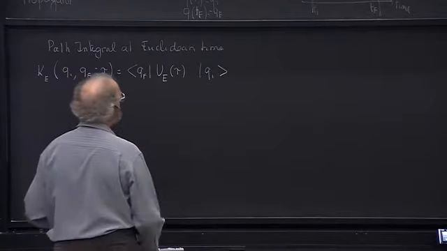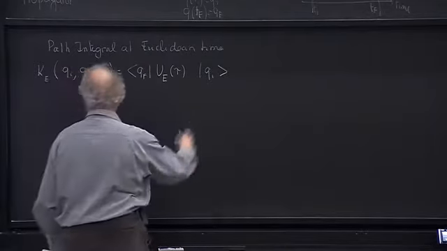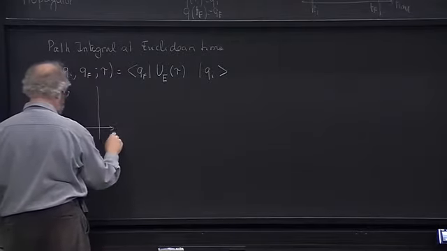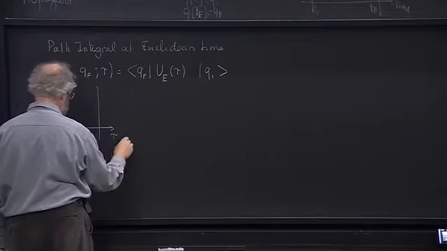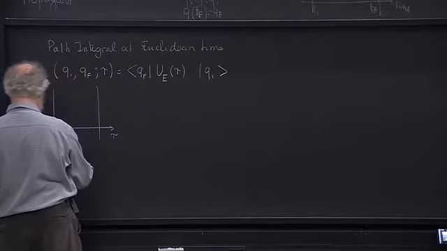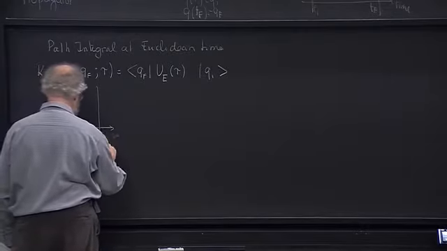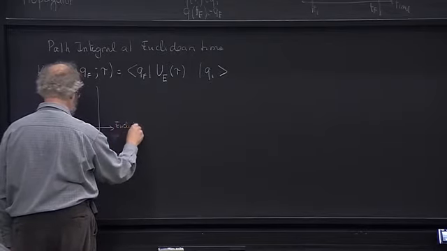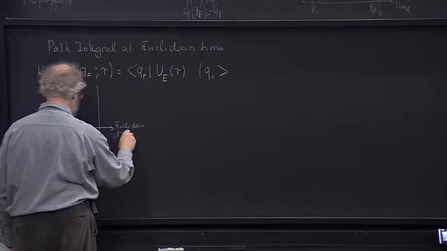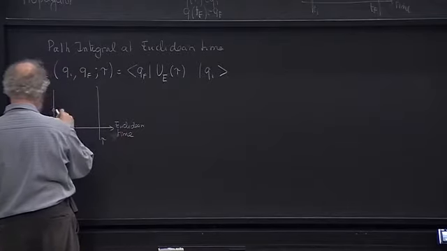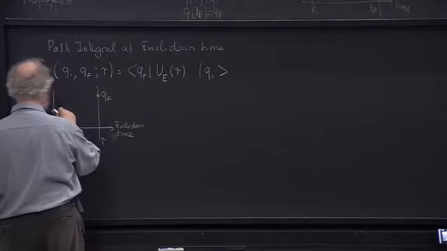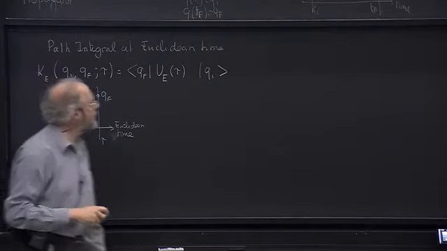So instead of doing this, we consider the path integral where now this is Euclidean time. But so you go from 0 to tau. This is Euclidean time. And you start from the same initial and final configuration. Okay.